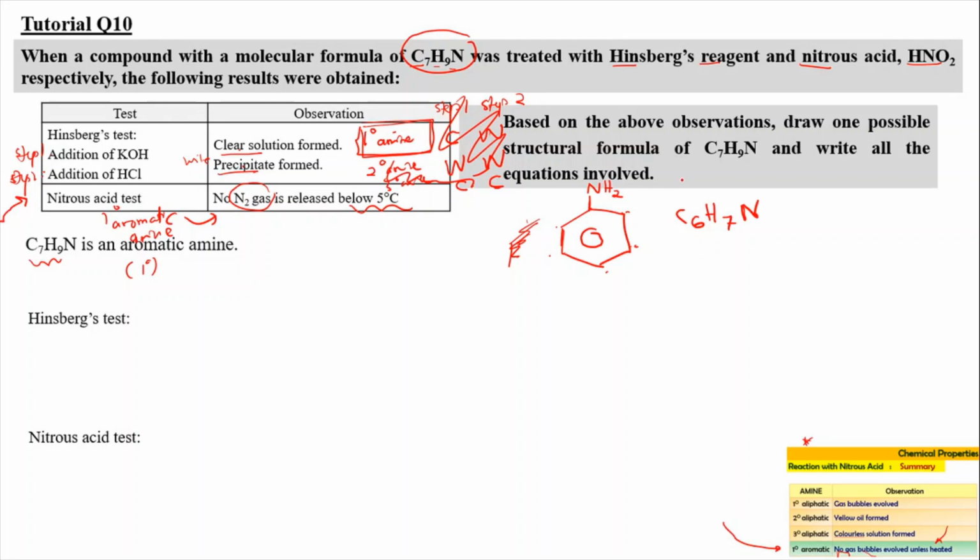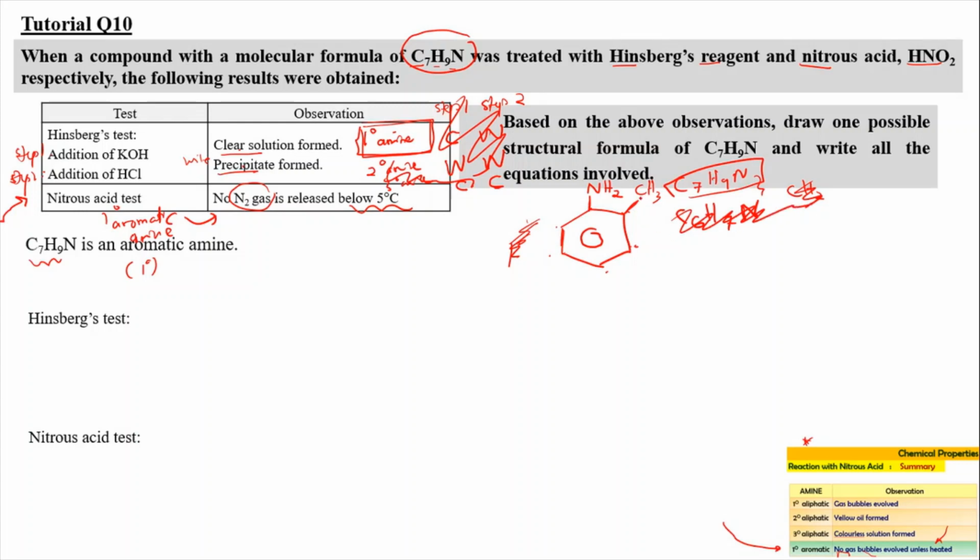Okay, but what you need is C7H9N. So you are lacking CH2. Okay, so you know that you need to make a substituent of CH3. So you can make a CH3 here in order to complete the C7H9N here.